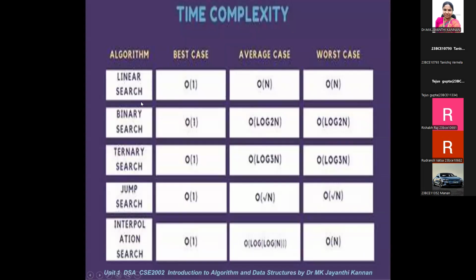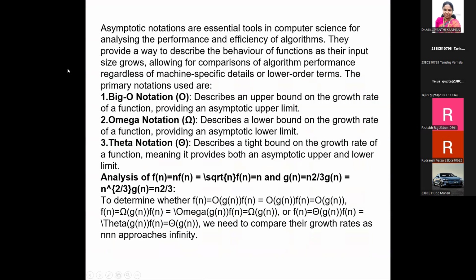If they ask you to explain binary search, especially if it is a 10-mark question, you have to say what binary search is, what the time complexity is, what logic is used, what the pseudocode is, and give some sample input and output, depending on what type of question they ask.